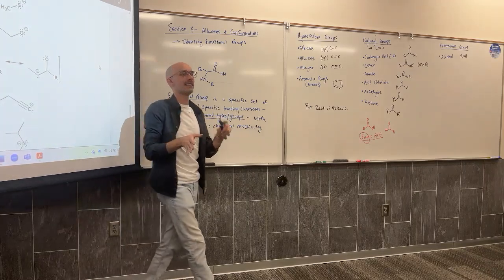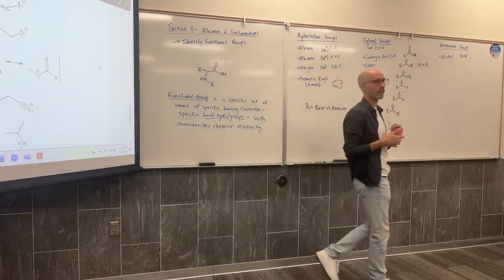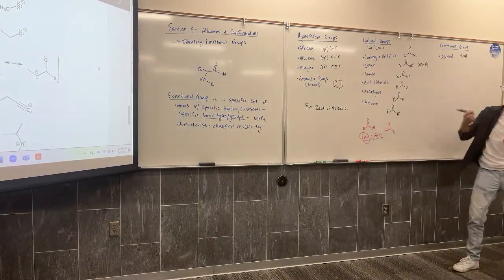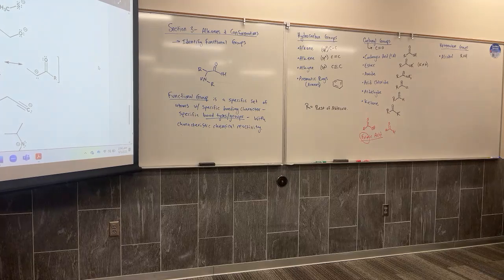So water is an inorganic alcohol. It shares some characteristic chemical reactivity, but it's not an organic functional group. If you want to make it organic, it's got to have a carbon in there at some point. But a carboxylic acid does not contain an alcohol.